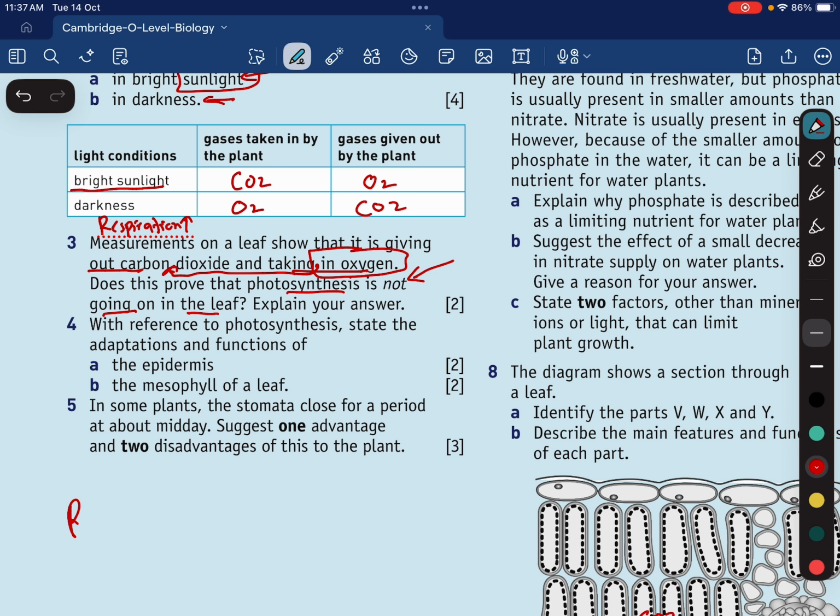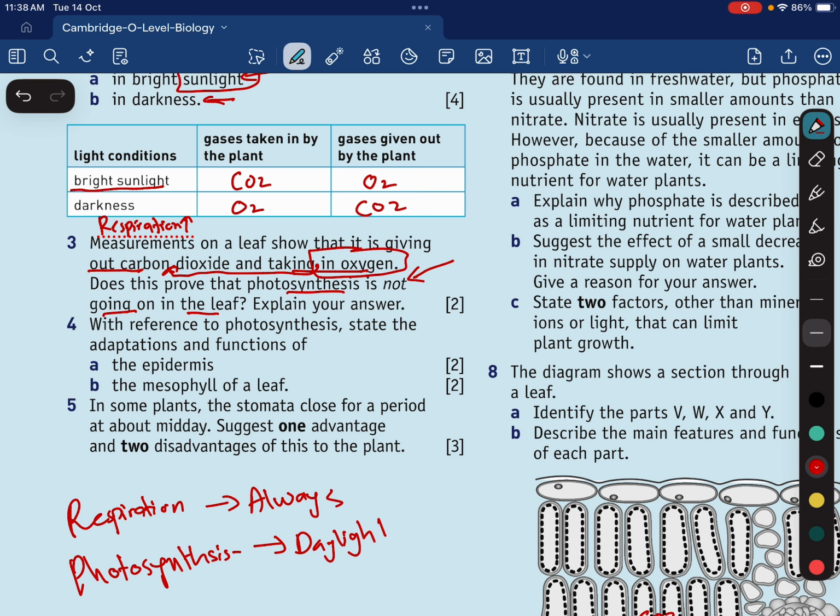As I said earlier on, respiration is always taking place, because all our cells always need to respire, always need to produce energy to carry out their living functions. However, photosynthesis, on the other hand, only takes place when it's daylight.